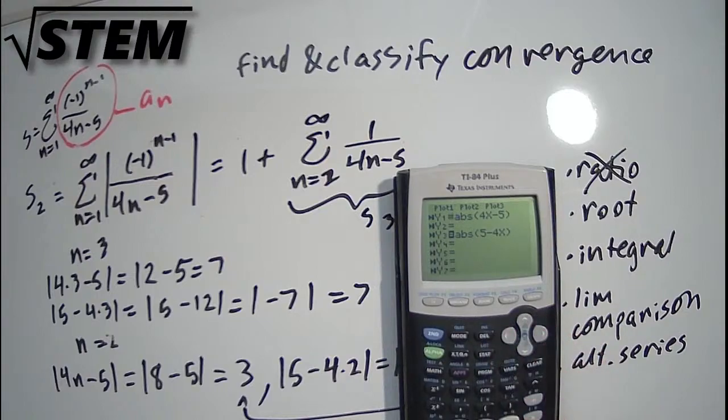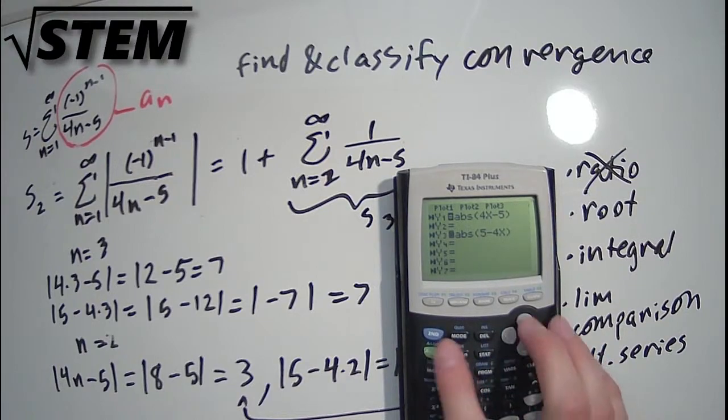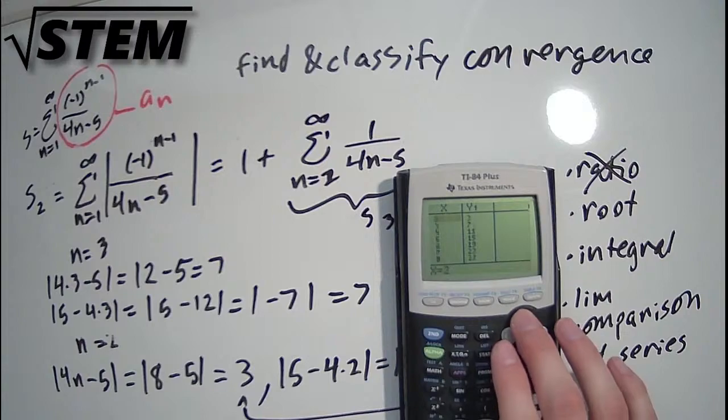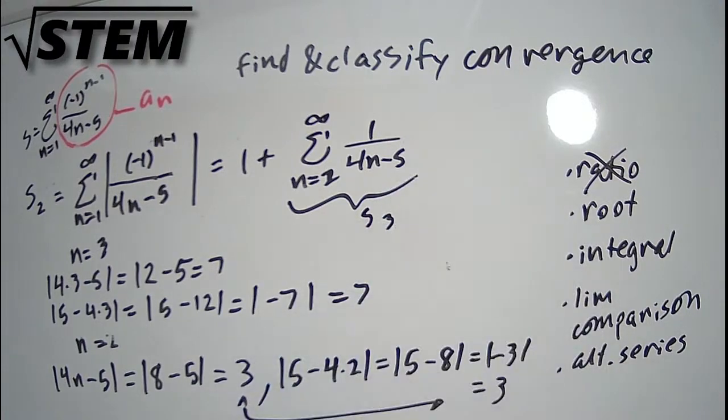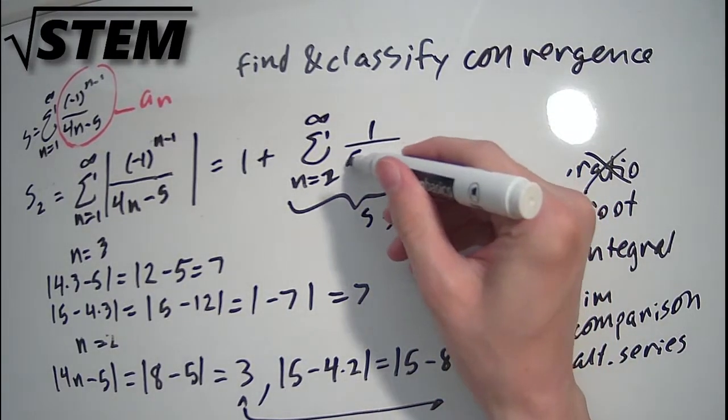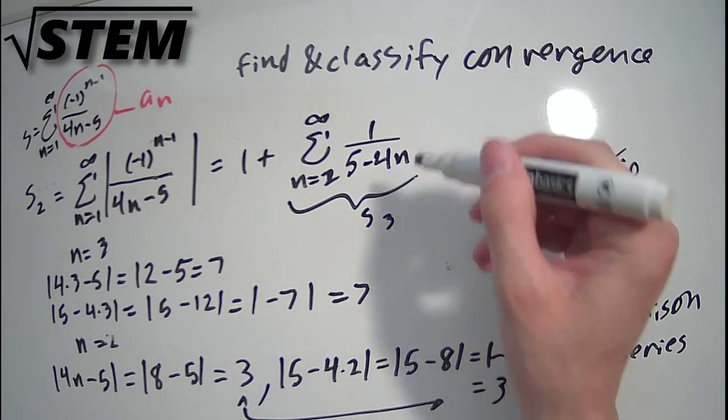And if we do that one, y1, 1, 3, 7, 11, 15, 19. Okay, yeah. I am now convinced. They are equal. So yeah, we will say that is 5 minus 4n.